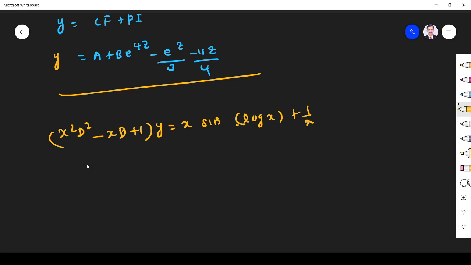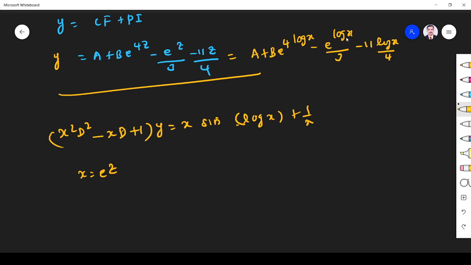Okay, so as usual, substitute x is equal to e power z. Sorry, here I have stopped with this. We are answering in x, so we change everything into x. So it is a plus b e power z, where z is nothing but log x, right? My answer should be in x. So e power log x by 3 minus 11 log x by 4.